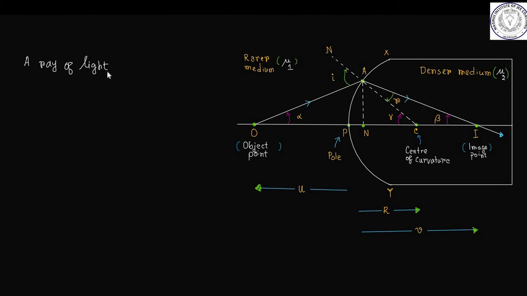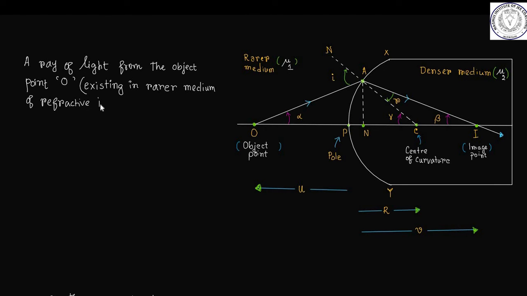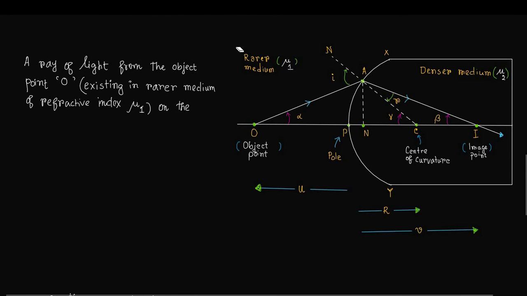A ray of light from the object point O, existing on the principal axis of the convex surface XPY, existing in rarer medium of refractive index mu1. A ray of light from the object O existing in rarer medium of refractive index mu1 on the principal axis.